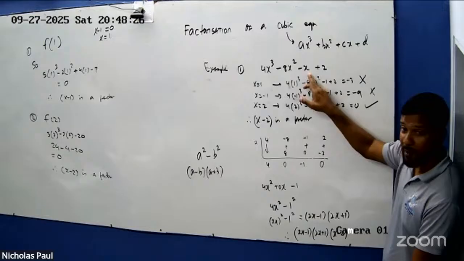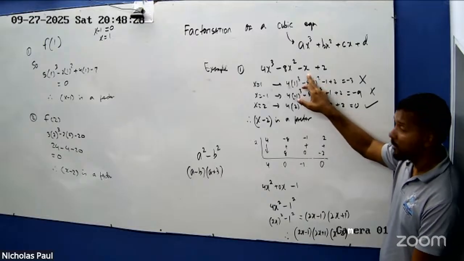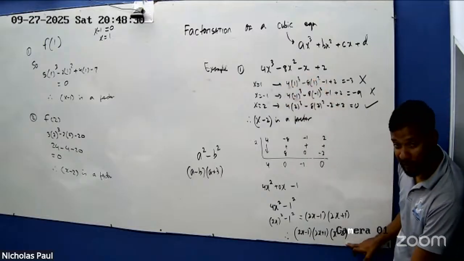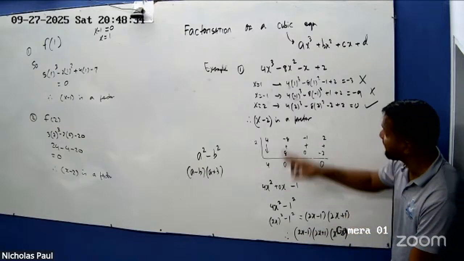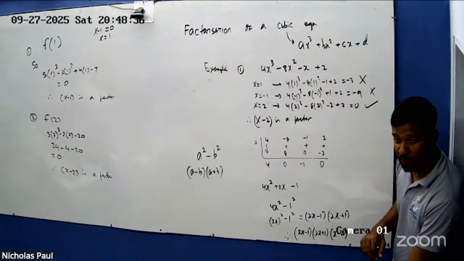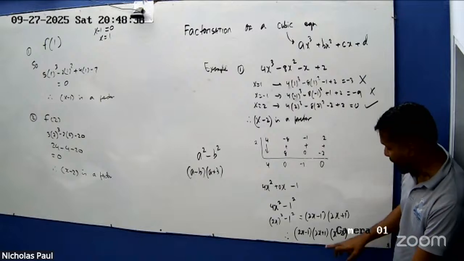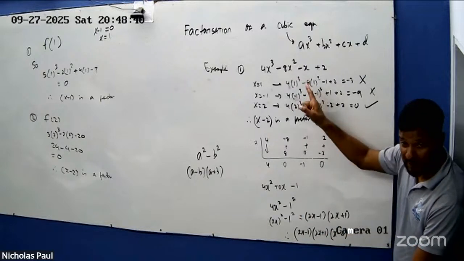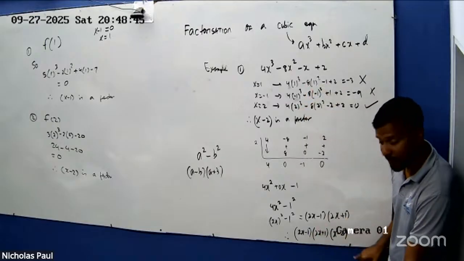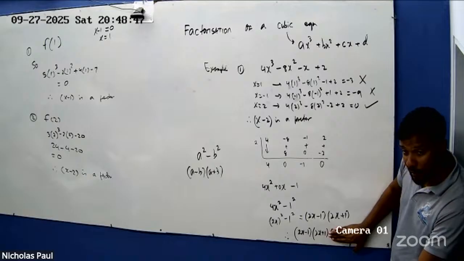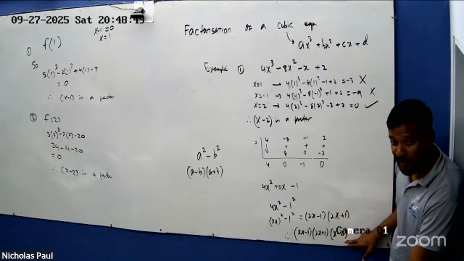That's what gives you back this. If I multiply this by this by this, I'll get that. Maybe as an exercise, try it and see.